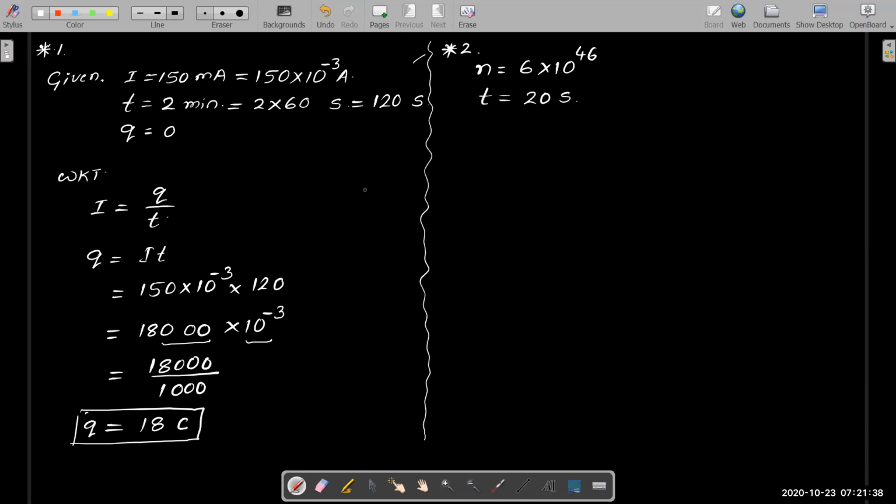Find the value of the current in the conductor.